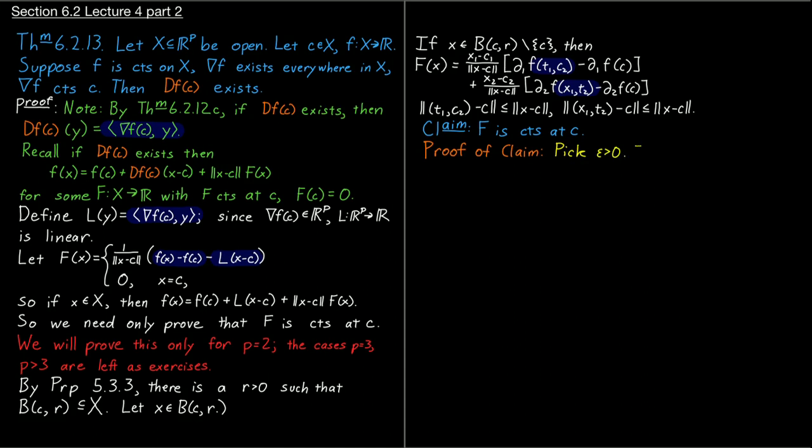And then there is a delta 1 greater than 0 such that if the norm of y minus c is less than delta 1, then partial 1 f of y minus partial 1 f of c is less than epsilon over 2.